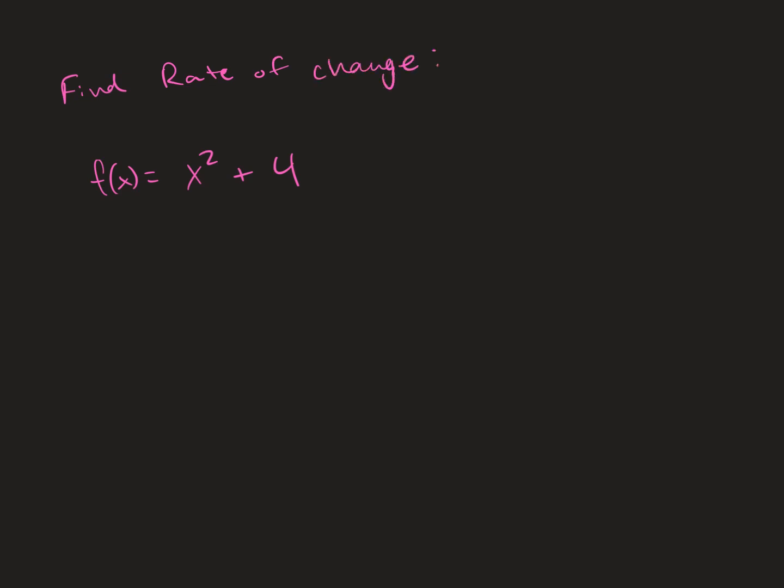We did this earlier this year. And it said x1 is, let's make it 0, and x2 is 2. Well, the rate of change is the same thing as saying slope. And do we know our slope formula?